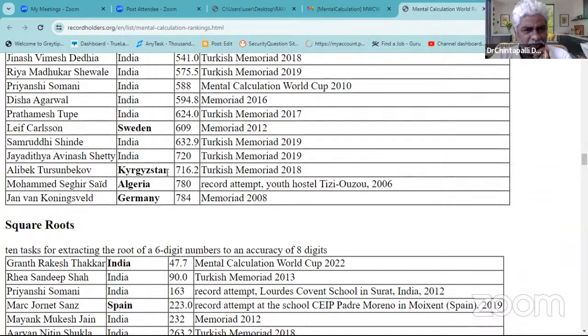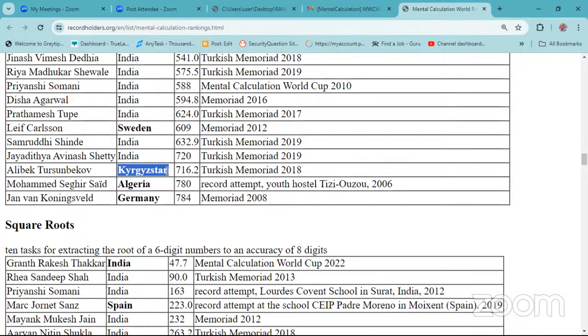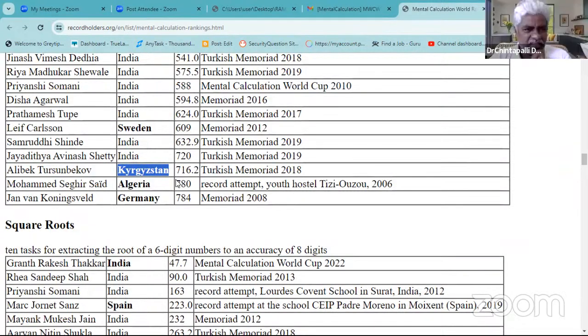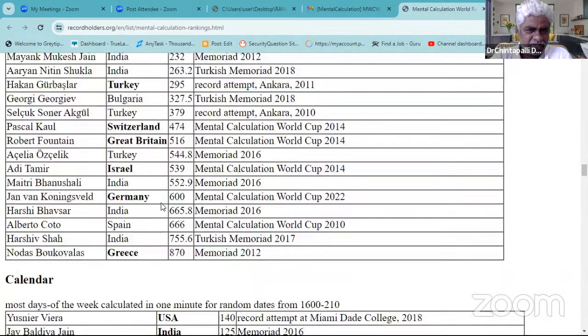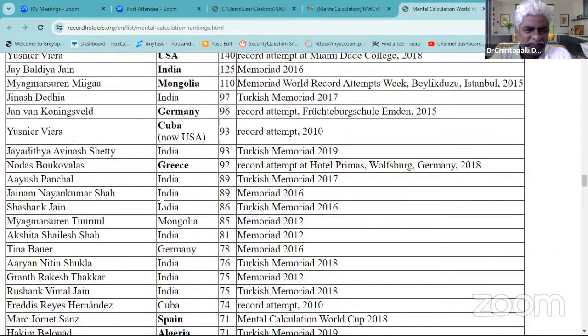Can you spell it? Read it. It's the first time to see this country. Maybe the first participant from there. Cuba is a part of USA?